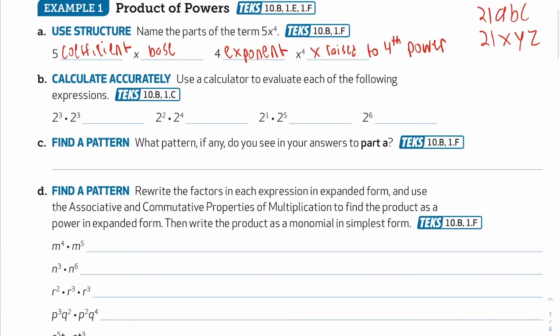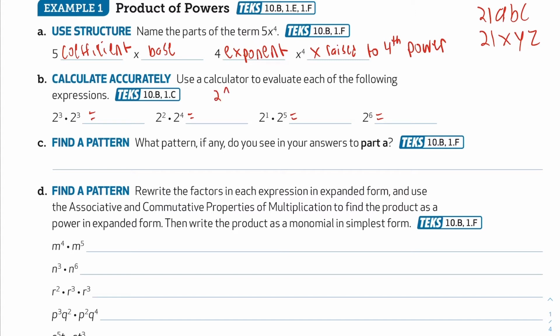It wants you to use a calculator to evaluate each of these. So I will let you go ahead and do that. I will not put those answers there, but you do need to find out using a calculator what these 4 answers are equal to. If you're on your keyboard for your computer, then you would put these exponents in here as 2.